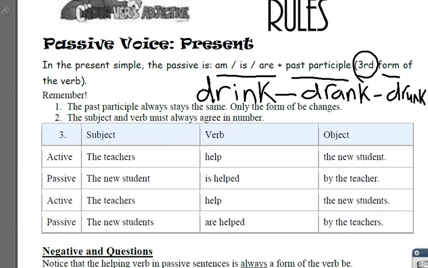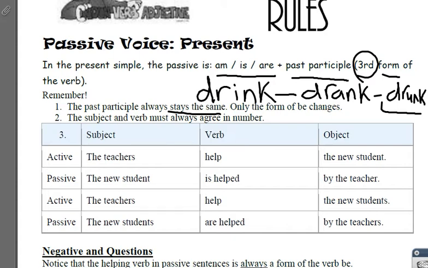So, in this grammar part, we're dealing mainly with the third form of the verb, the past participle. The past participle always stays the same in regular verbs.